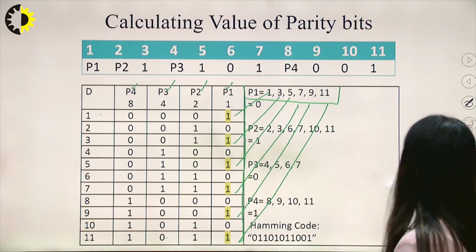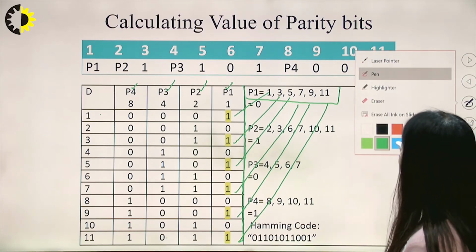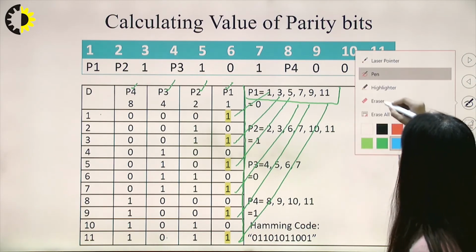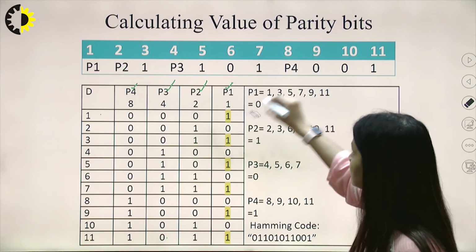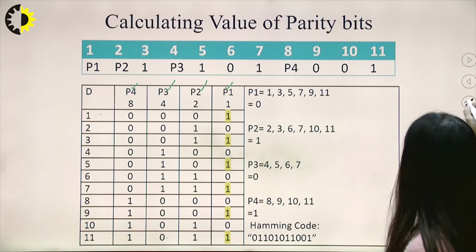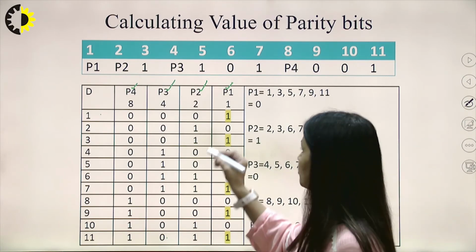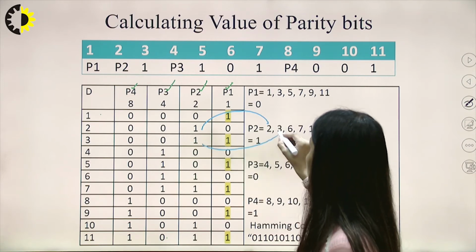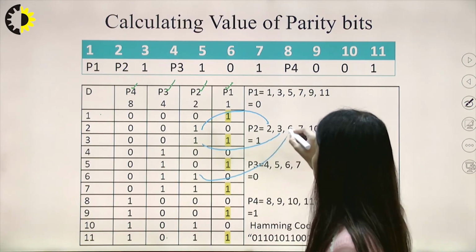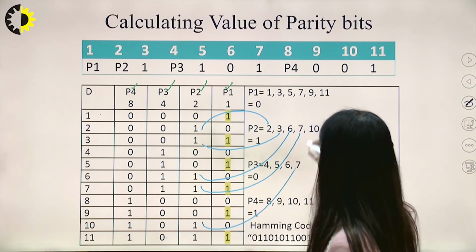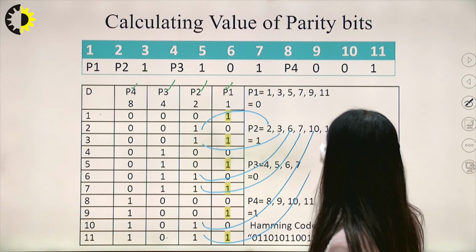Next, similarly I will write for P2. So P2: 2, 3, 6, 7, 10, 11.